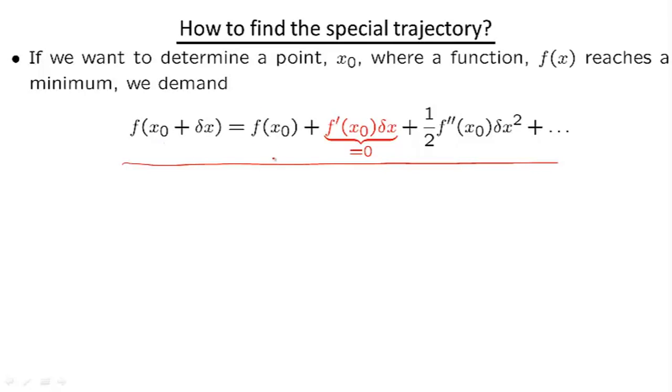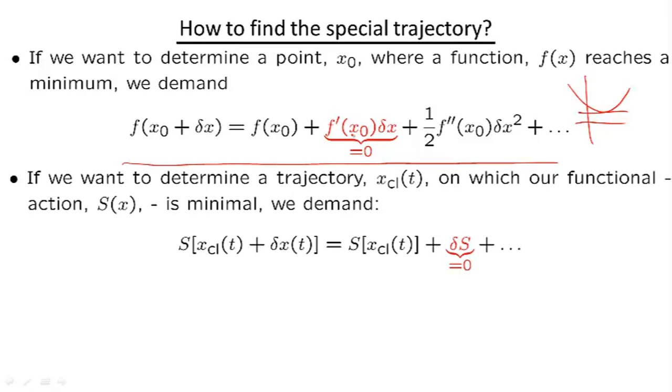It's going to have the value of the function at x0, the first derivative, the second derivative, etc. And the minimum of this function is going to occur where the tangent to the plot of f of x as a function of x is horizontal, or the first derivative vanishes.